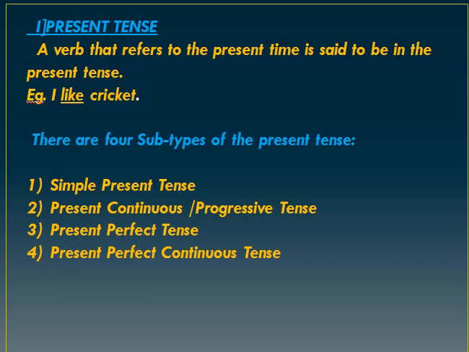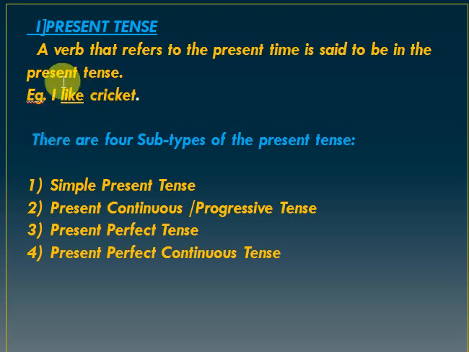Now see, first, what is meant by present tense. Present means which is right now, the action that is happening right now. A verb that refers to the present time is said to be in the present tense. The verb is determining that, see, like is the present verb.